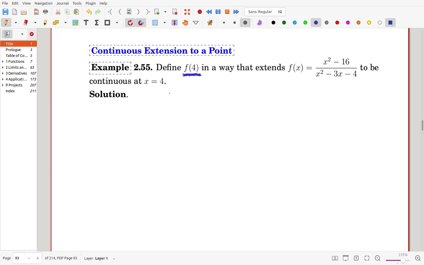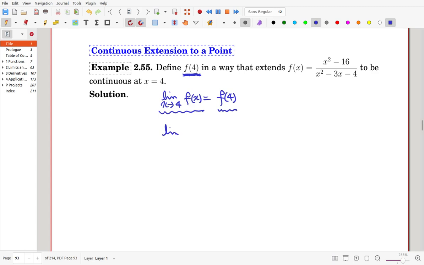In order to do that, the limit as x approaches 4 of f(x) must be the same as f(4). After finding this value, once it exists, the value must be assigned to f(4). So let's try to find this one.